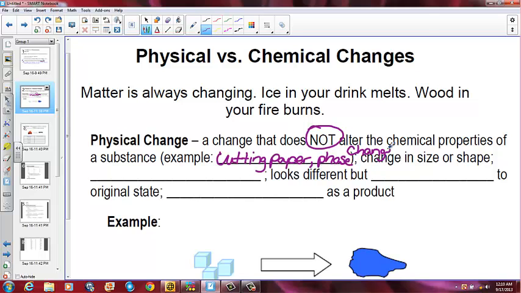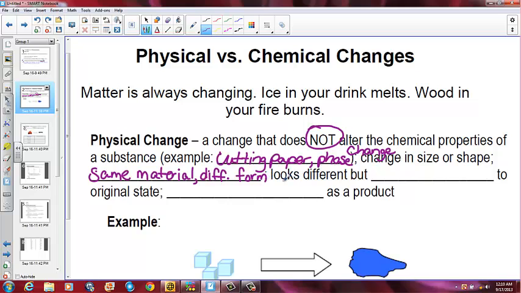Okay, so I'm going to stick this in here. Phase change. A change in size or shape, so cutting paper, as well as saying that we have the same material but a different form. And I'm going to abbreviate different. Okay, different form.